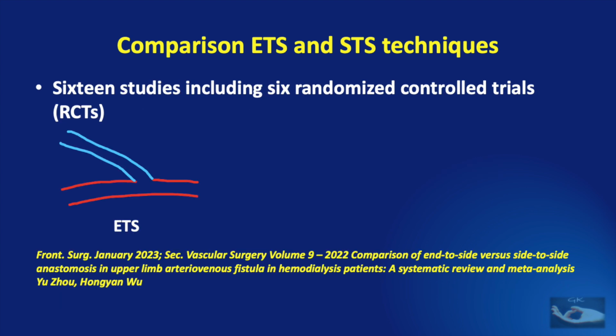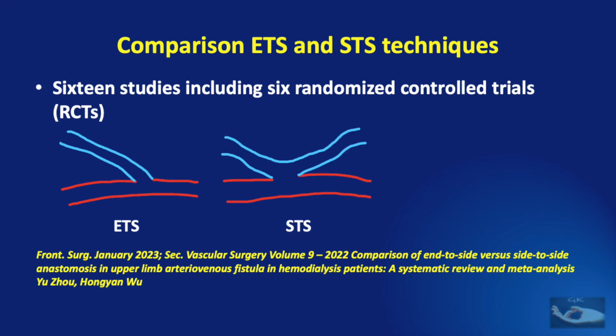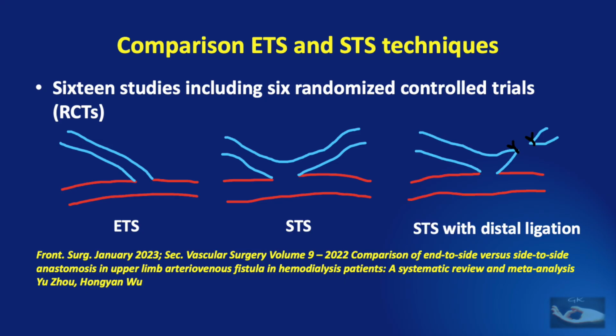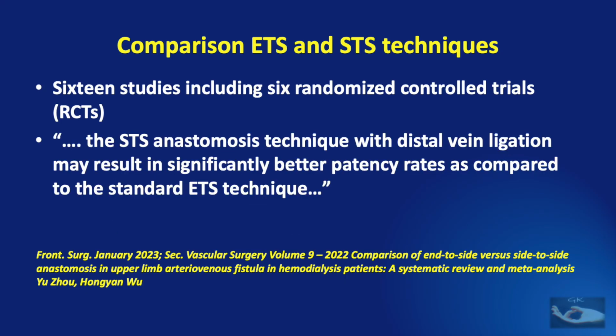A meta-analysis of 16 studies including 6 randomized controlled trials comparing end-to-side technique, side-to-side anastomosis and side-to-side anastomosis with distal ligation of the vein. The conclusion was that the side-to-side anastomosis technique with distal vein ligation may result in significantly better patency rates as compared to the standard end-to-side technique.